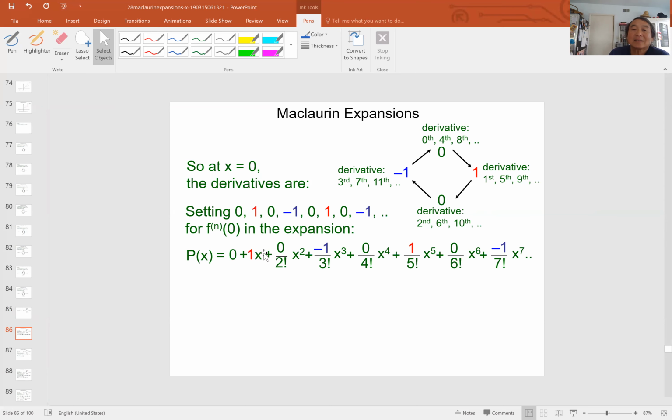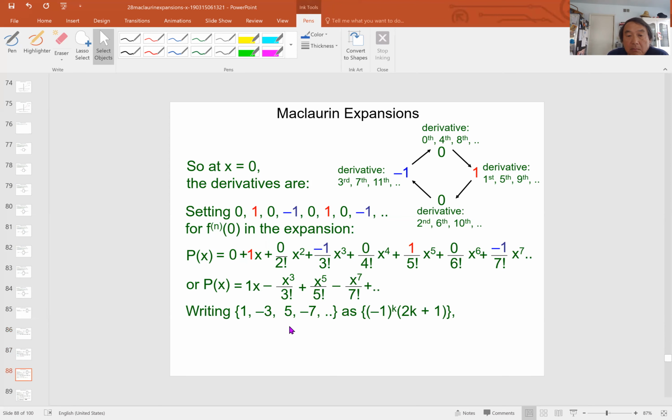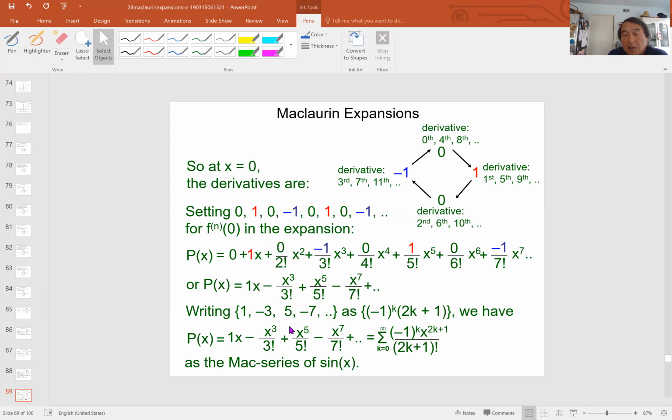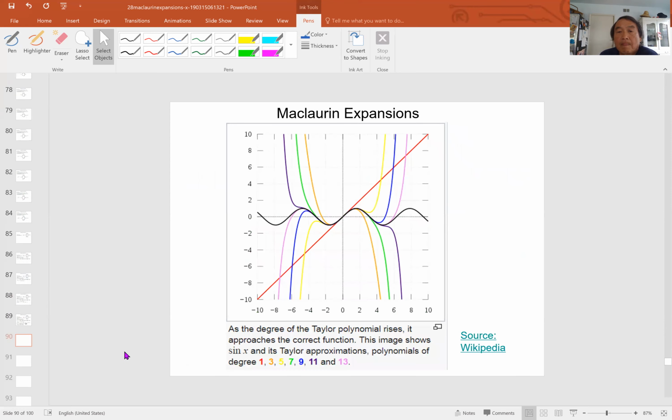Notice it starts out with x, 1x. Why? Because sine of x is approximately x around 0. That's why that 1x is there. And plugging in 0, you get 0. So this is the Maclaurin series written in terms of a summation.